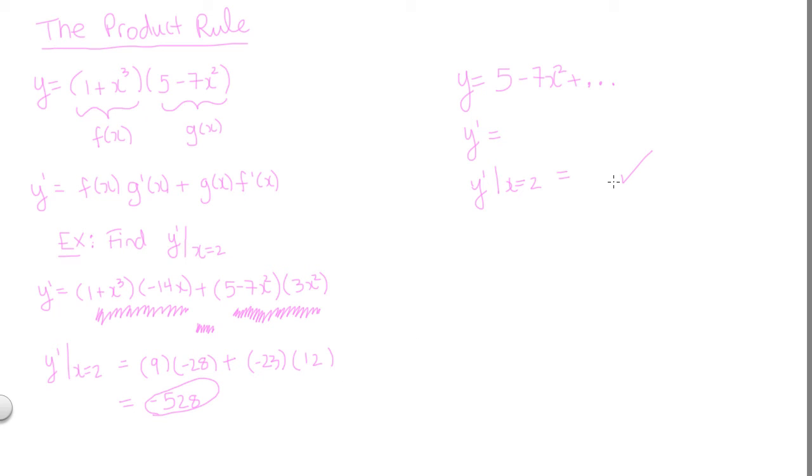Now the reason that we really need the product rule is that as we go on in calculus, we're going to start to run into more complicated functions that are written as products. So for example, we might run into the function y equals, say, e to the x times, say, cos x.